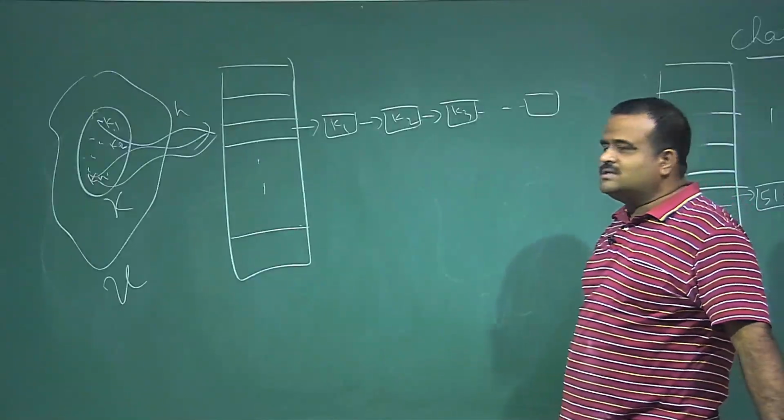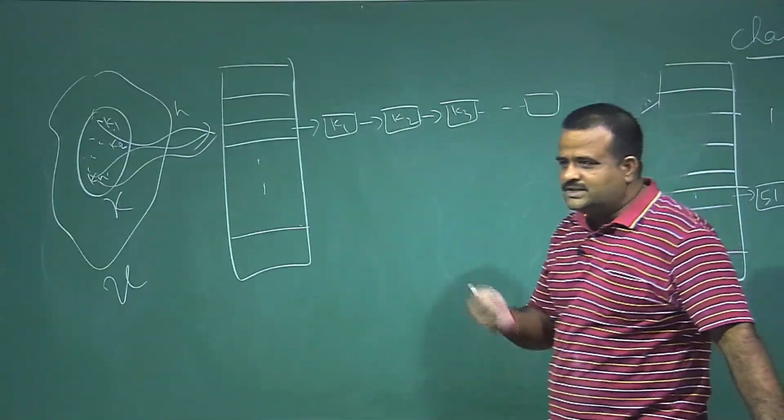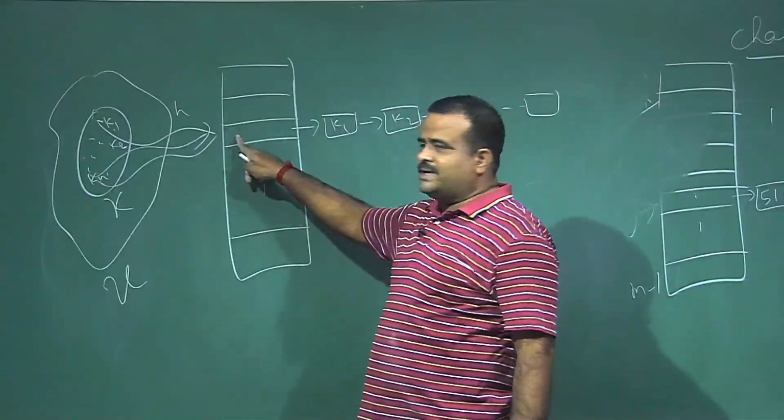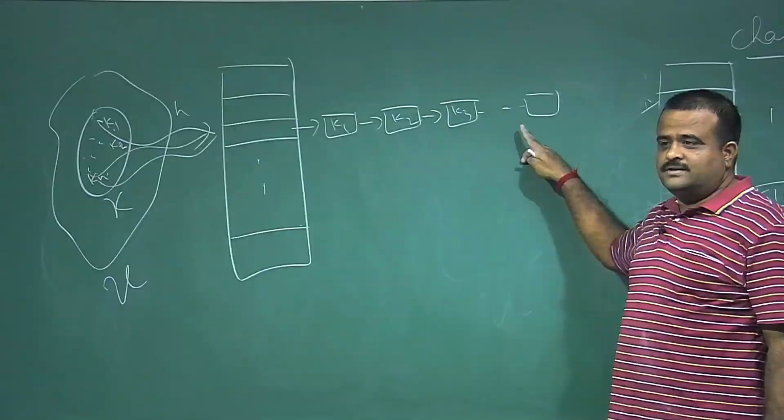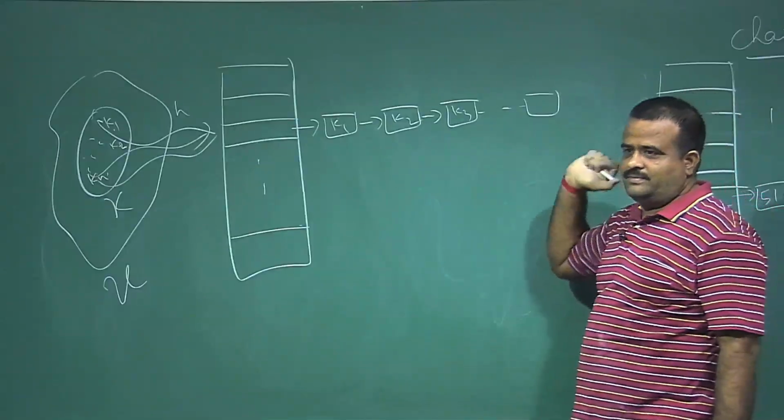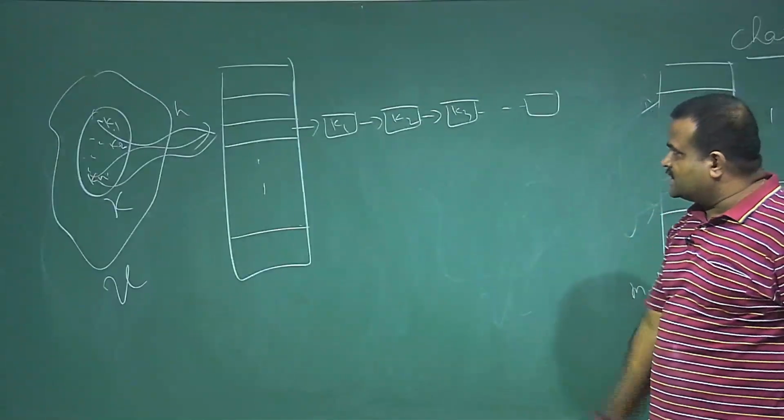In that case, what is the search time? If you have to search for a key and it is hitting that particular slot, we have to read the whole list. So, that will take linear time. That is the worst case.